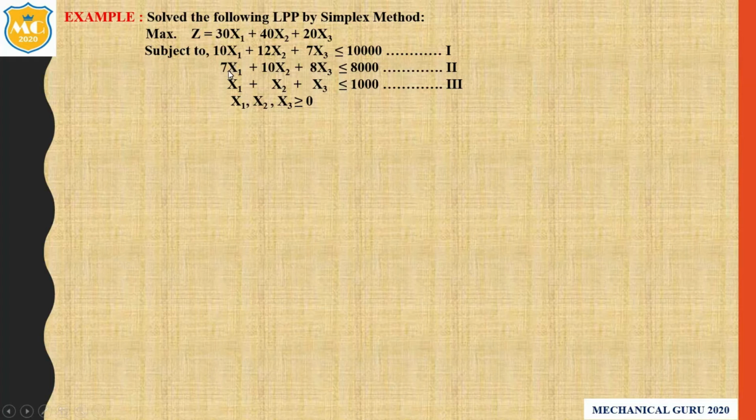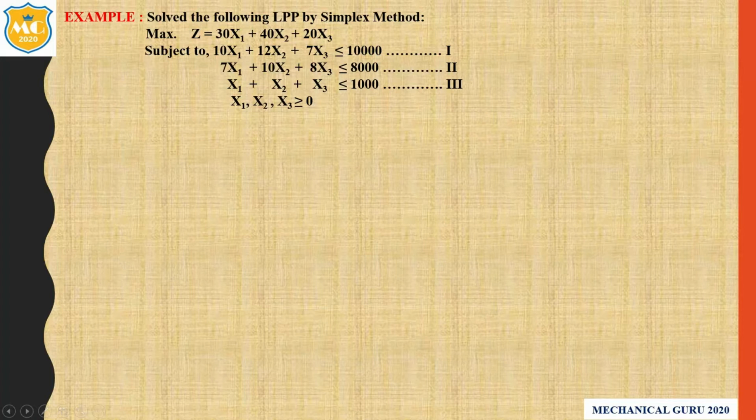Second constraint: 7x1 plus 10x2 plus 8x3 less than or equal to 8,000. This is the second equation. And last, x1 plus x2 plus x3 less than or equal to 1000. So this is the third equation. And the non-negative condition: x1, x2, x3 greater than or equal to 0.